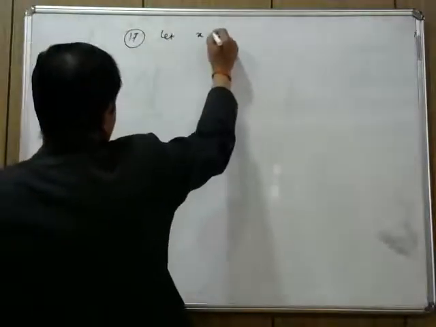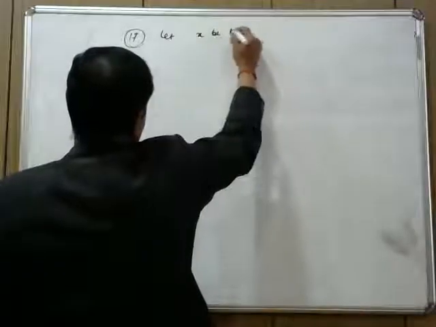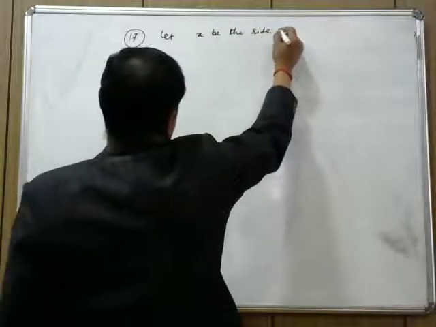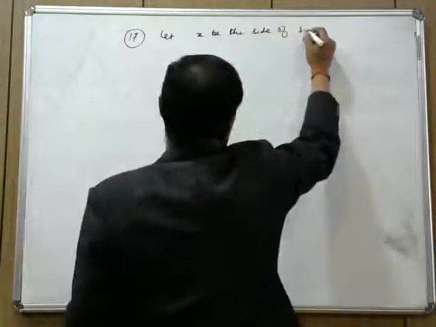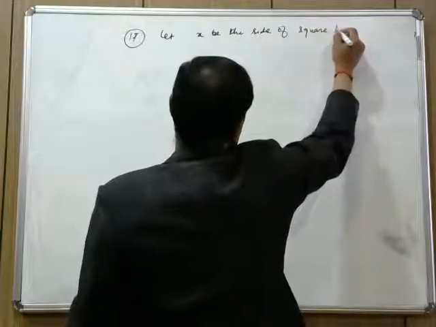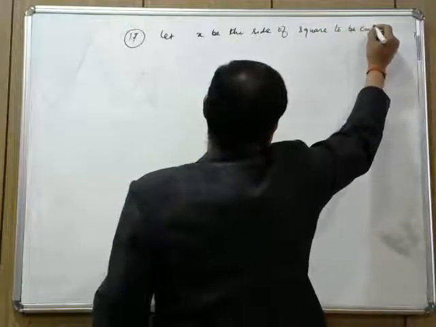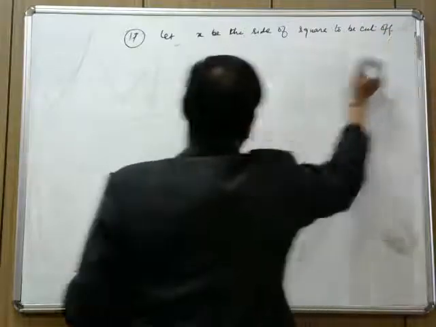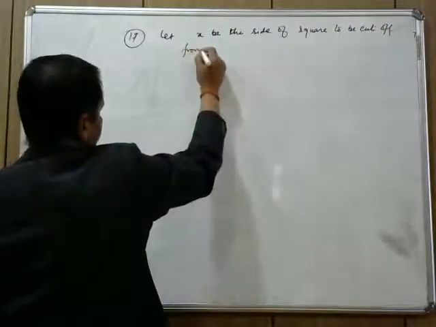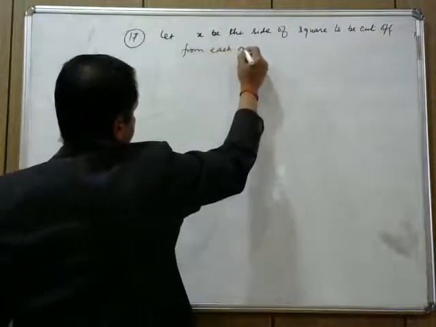Let x be the side of a square to be cut off from each corner.